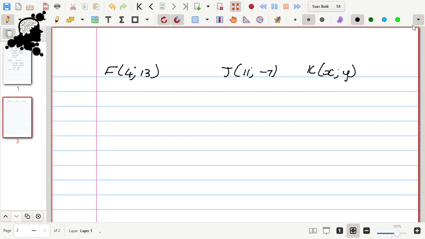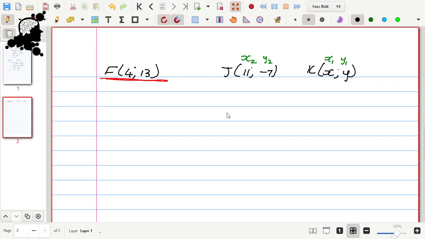Now, something to take note of here. F is our midpoint. So unlike in the previous example, we are given the midpoint. But nevertheless, let's still label our points. Let me make this x2 and this y2. Then let me make this x1 and this y1. Once again, you can make the coordinates of j x1 and y1, coordinates of k x2 and y2.